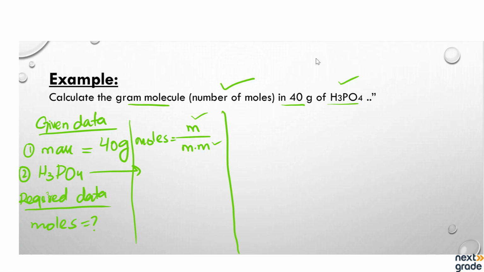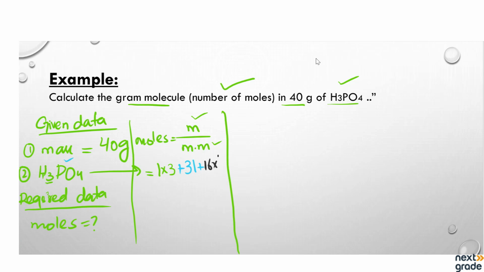of H3PO4 as the sum of atomic masses of all the atoms present in the formula unit. तो हमारे पास यहाँ पे कौन कौन से atoms present हैं? Hydrogen, phosphorus and oxygen. The mass number of one atom of hydrogen is 1, multiply it with 3 because there are total 3 atoms of hydrogen. Next we have phosphorus. Its mass number is 31. After that, we have oxygen. Oxygen, its mass number is 16.